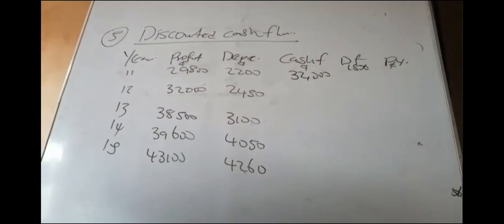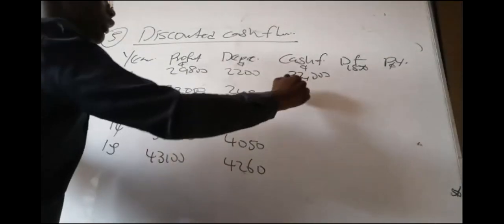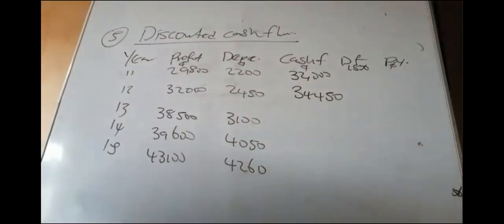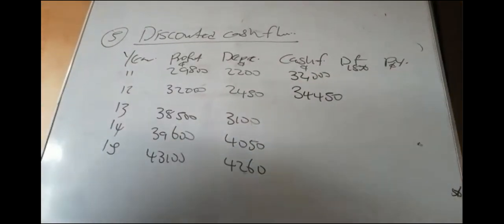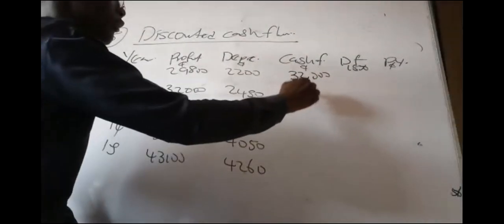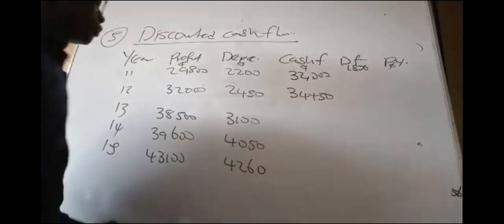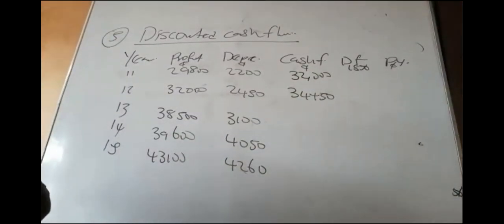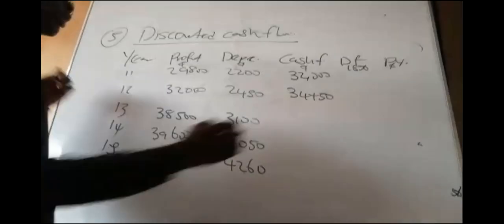And then 32,000 plus 2,450 gives us 34,450. Can you confirm any of them? 3,450. And this one gives us 41,600, right?